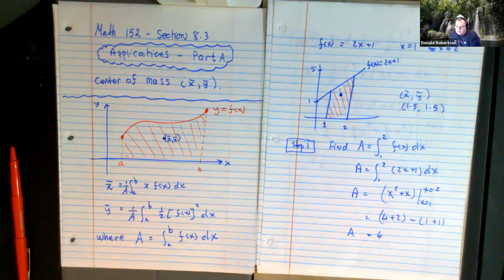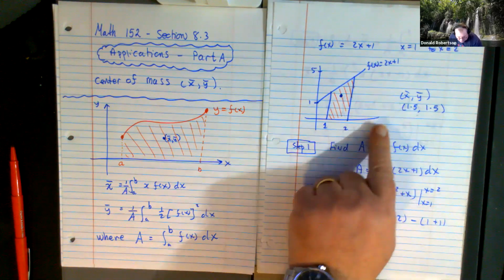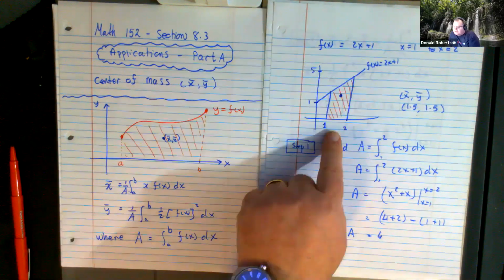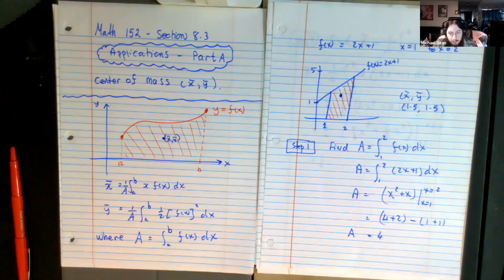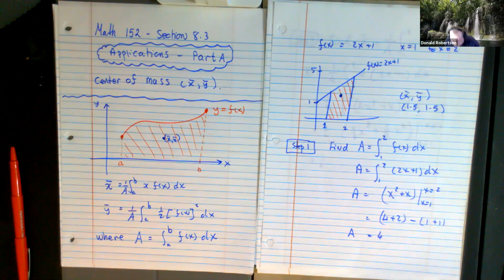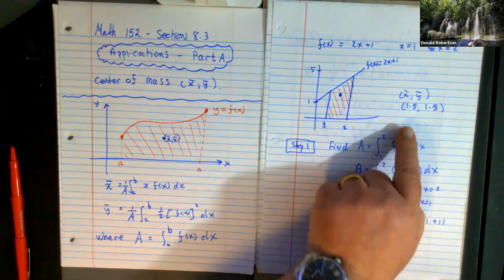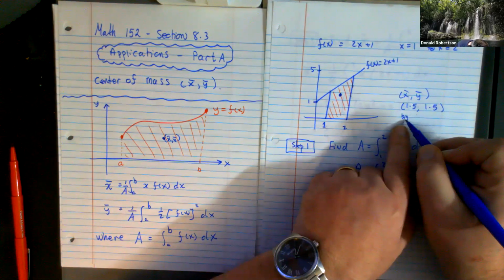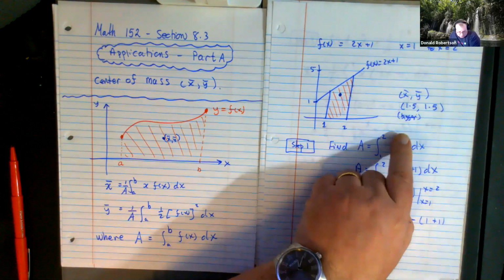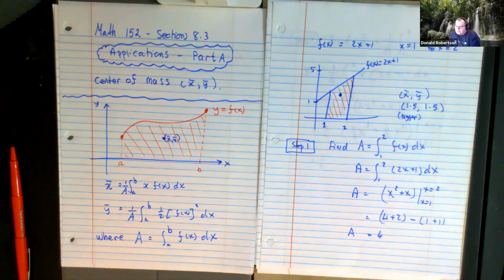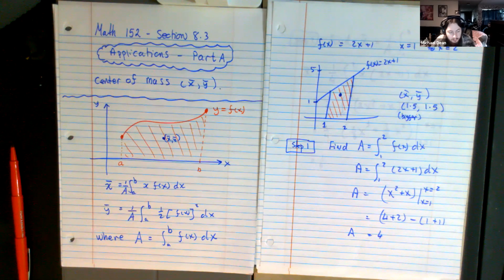What do you think it might be? You think it might be 1.54 or 1.51? Any feelings? I think it'd probably be slightly more to the right because it looks like there's more area there. Yeah, so more like 1.6 rather than 1.5 here. So we'll say bigger. What about the y coordinate? Do you think 1.5 is big enough, or do you think it should be smaller or less than that? Or does that look good? Anybody get an opinion? I think it should be a little bit lower.